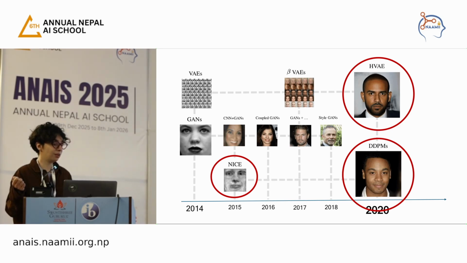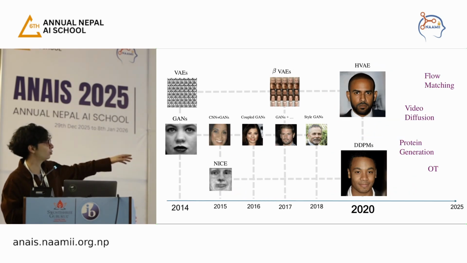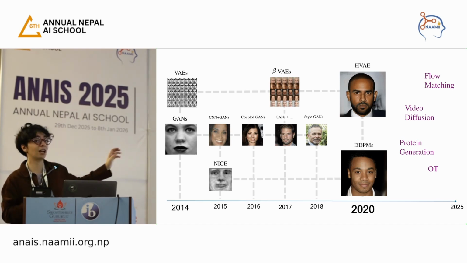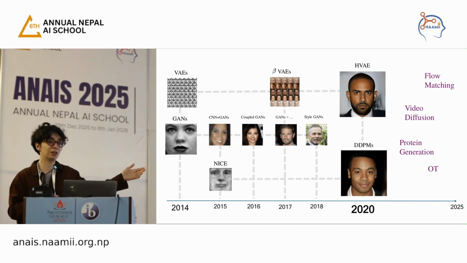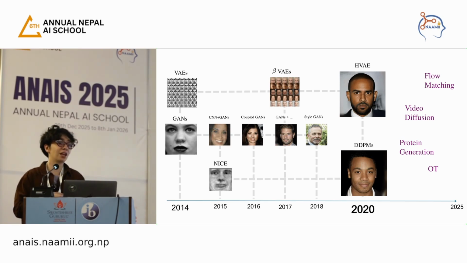So as we can see, in 2014, VAE and GANs appear. Until 2020, there were many GAN-plus-something papers that added some new functionality to GAN, and then GAN worked better. At the same time, in 2017, beta VAE came on.